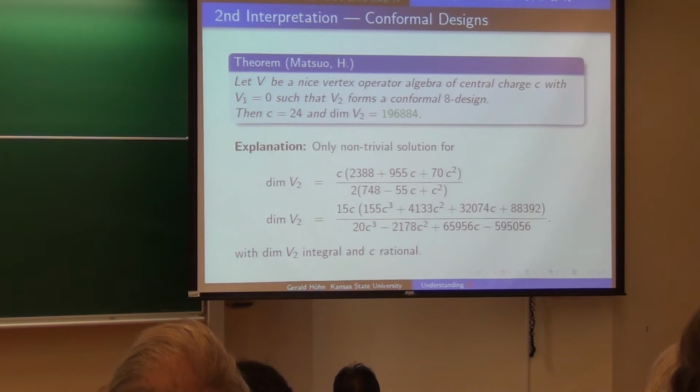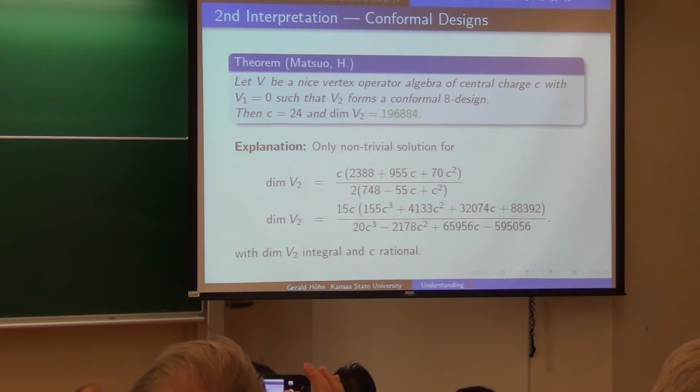Now, why does this number occur? The condition of a conformal design gives you certain relations between the dimension and the central charge, and if you resolve it for integral dimension and rational central charge, then this turns out to be the only non-trivial solution. There are some other solutions, but they are more or less trivial.